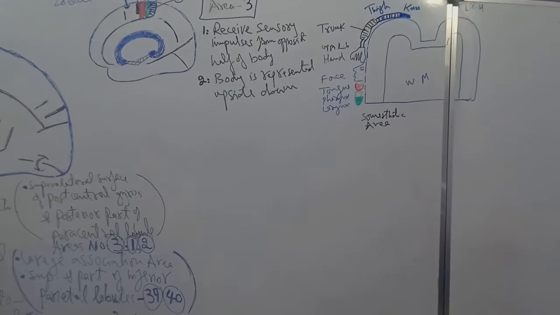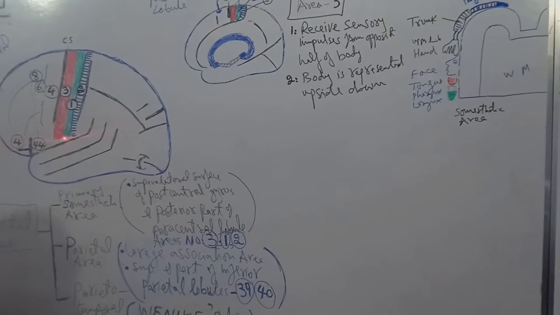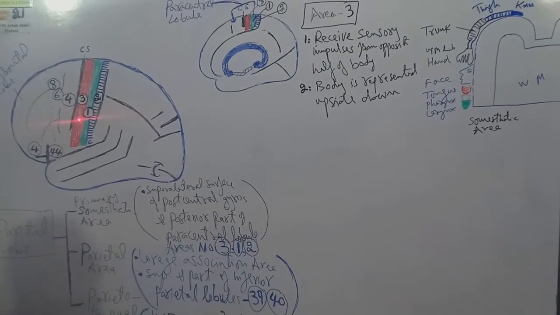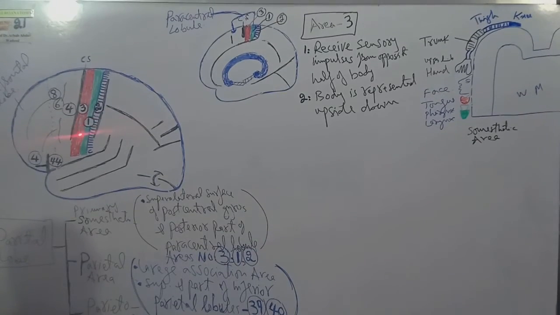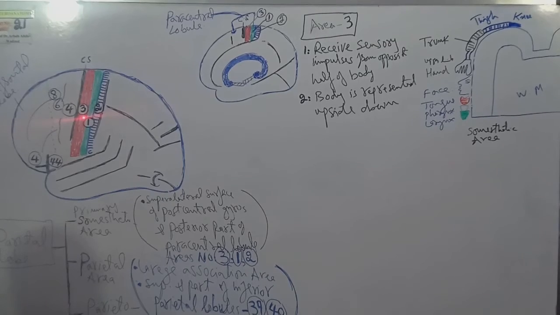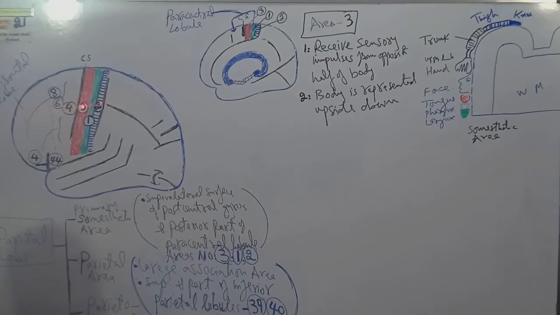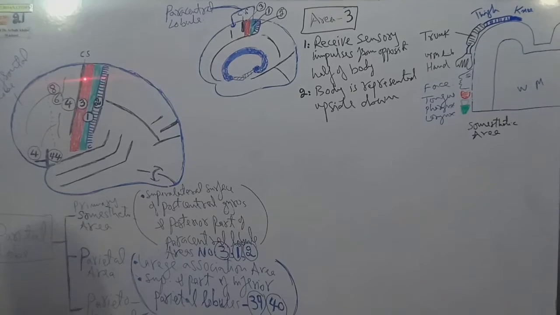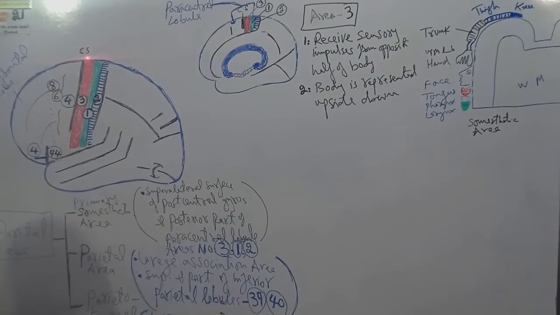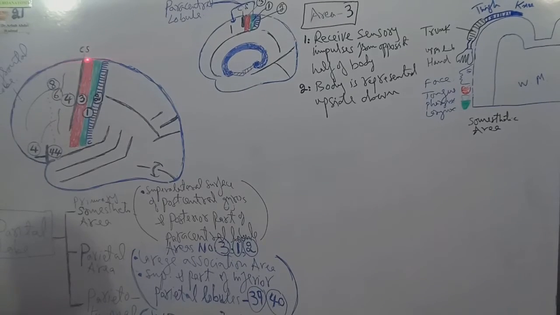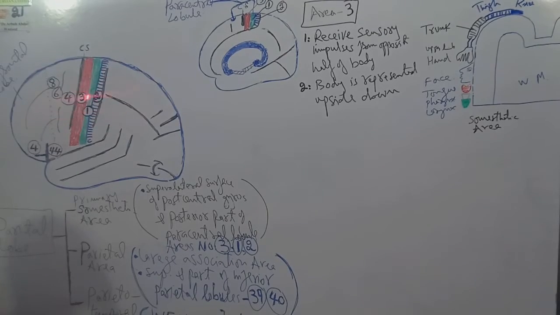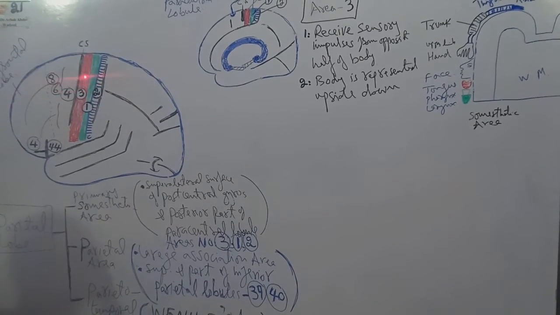So here from below upwards, the pharynx, larynx, tongue. Then there is a face where there are eyelids, upper lip, lower lip, nose. Then hand, thumb, fingers, forearm, upper arm. Then trunk, thigh, and knee up to the superomedial border of the superolateral surface of the postcentral gyrus, Brodmann cortical area number 3.